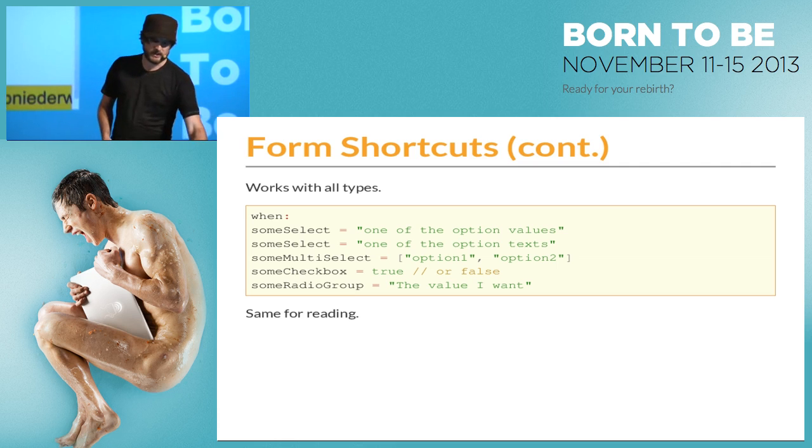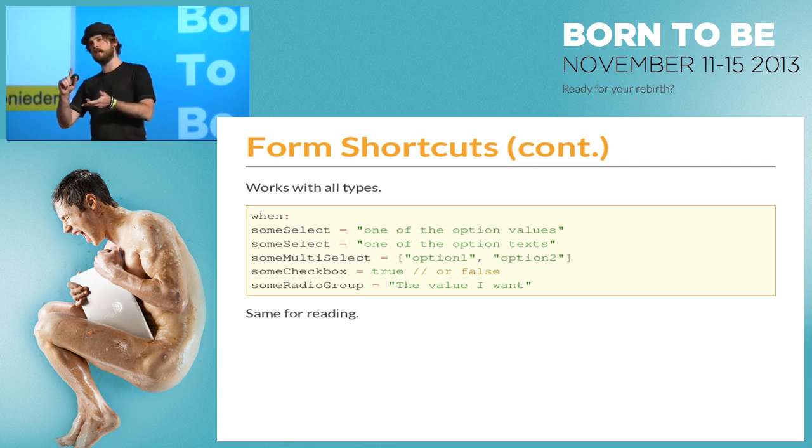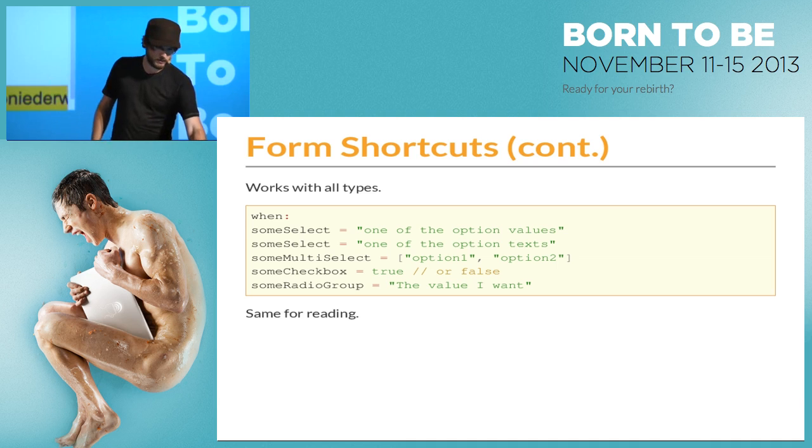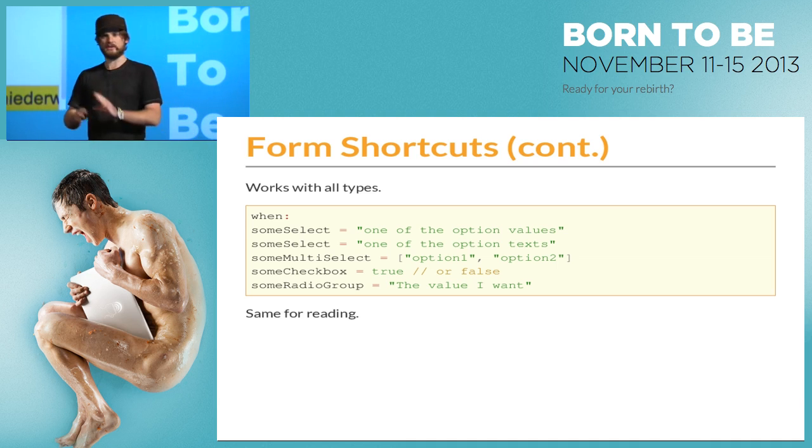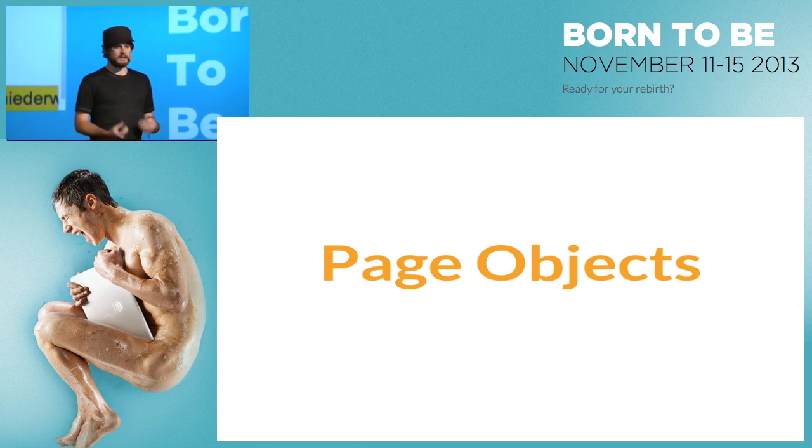For a checkbox, I can assign true or false to check it or uncheck it, or assign the value, whatever you like to do. And for a radio group, I just set what I want there as well. So I don't have to deal with different APIs for different kinds of controls. It just works intuitively. And it's the same for reading. I can read the value of some select just by asking for that property, and I get the string value that it says is there as well.